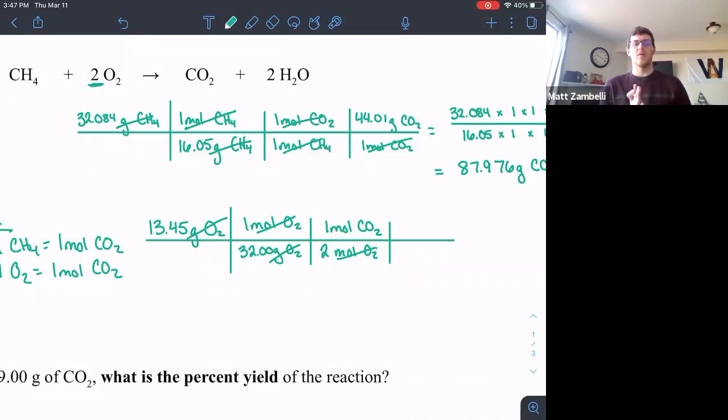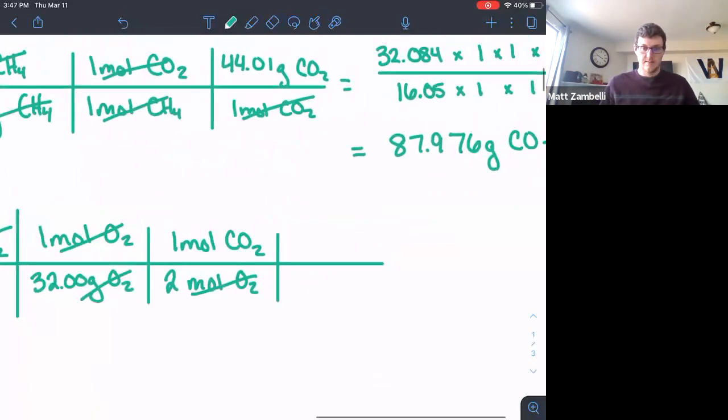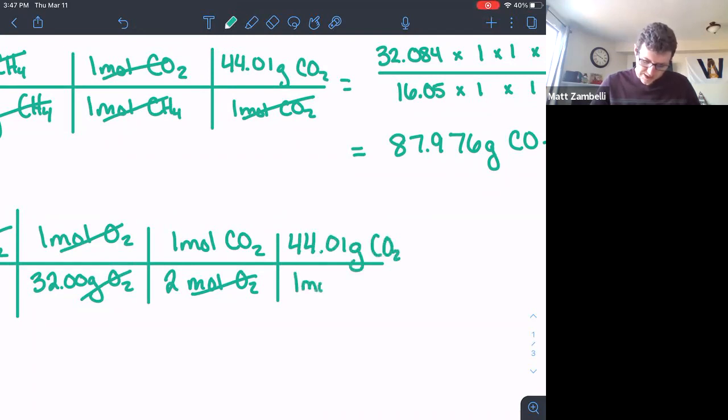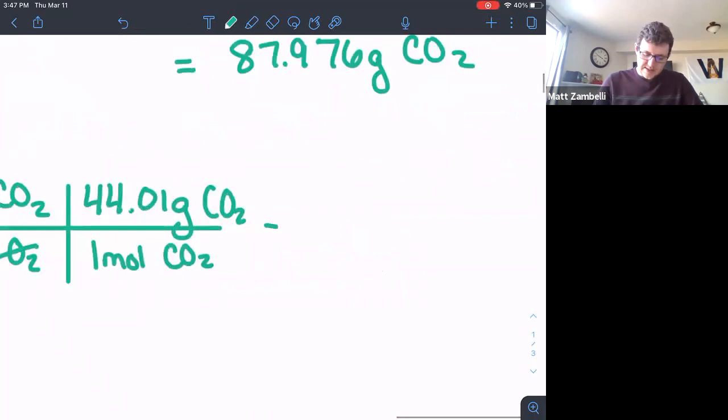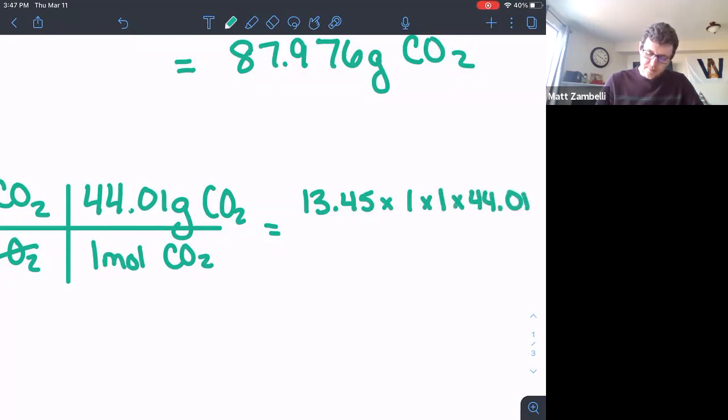Do I put my 44.01 grams of CO2 on the top or the bottom? On the top, the exact same as the previous part. If you notice, they look identical at the very end, which if they don't, that means that we are making a mistake in one way or another. And our last thing we are going to do is our 13.45 times 1 times 1 times 44.01, all divided by our 32 times 2 times 1.